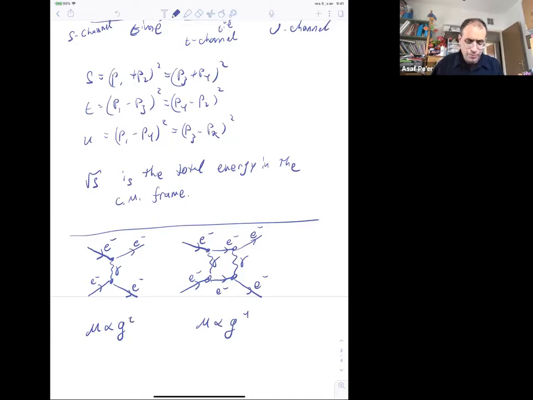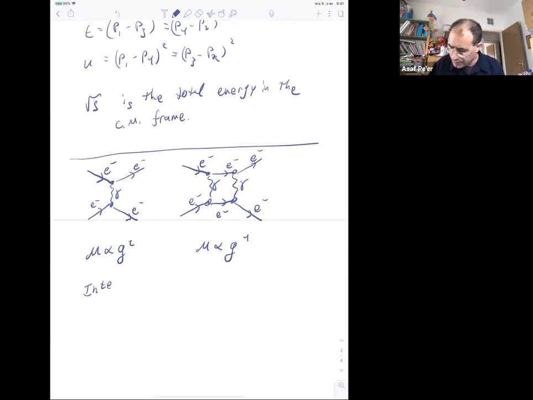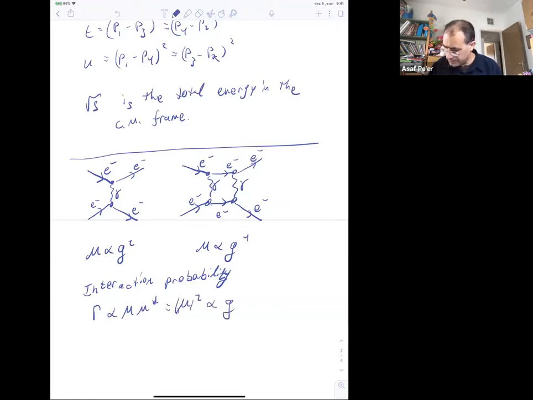And the interaction probability, we will do this calculation more precisely next week, or at least start doing it next week. It might take us more than a week. Gamma is proportional to M star M, so this is M squared, proportional to G to the power 4.